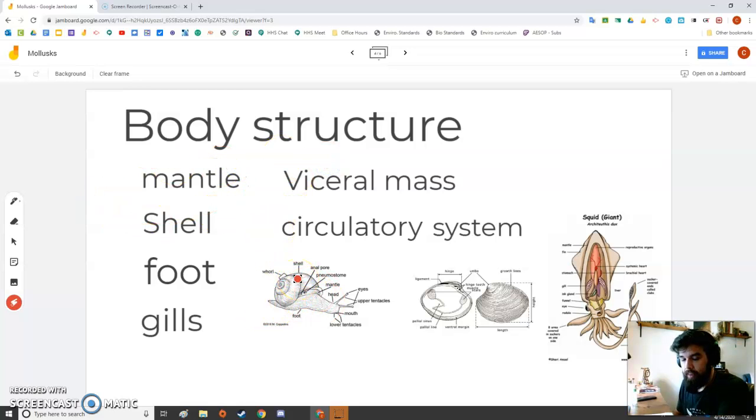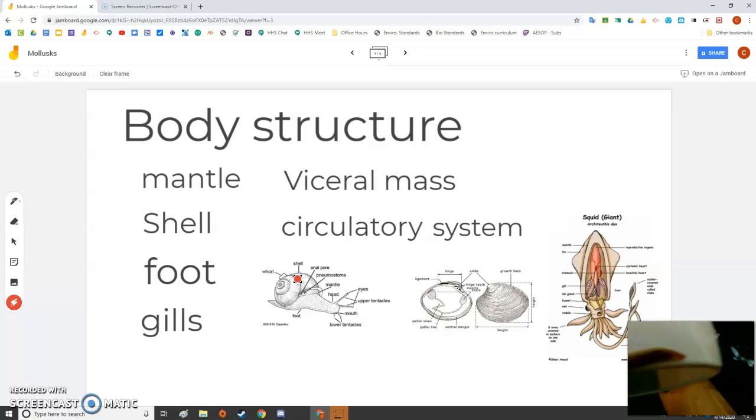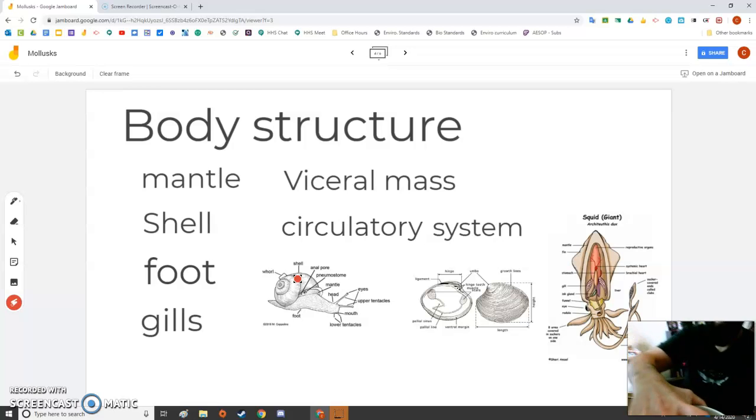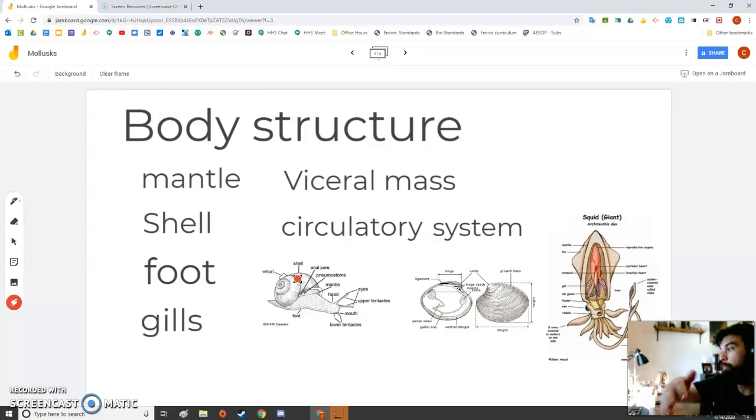And as I said, these little guys down here, they do have a shell. Slugs have a shell inside of their body. Believe it or not, squids also have a shell inside of their body. So do octopi and nautiluses. They all have a mantle which secretes a shell.